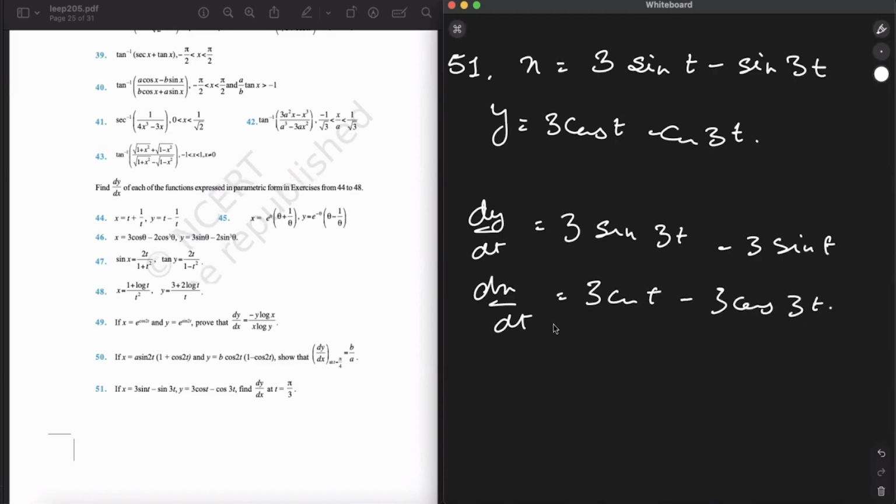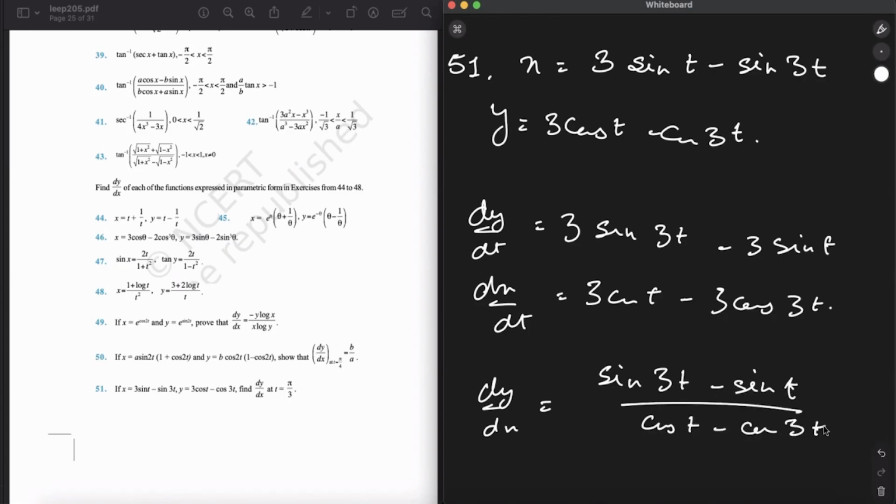Dividing both of these, dy by dx will be sine of 3t minus sine of t whole divided by cosine t minus cosine 3t.